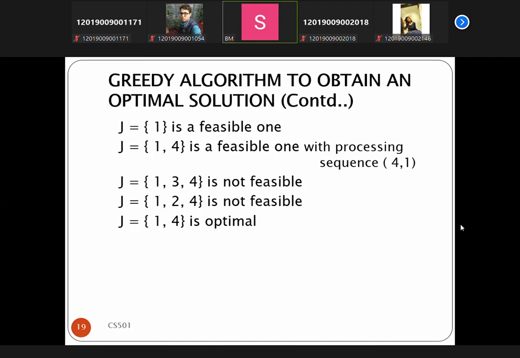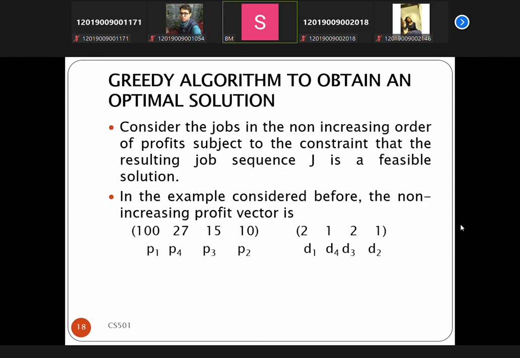If I take only job 1, which takes 2 units, I will get 100 as my result. But you can see the other 3 jobs cannot be accommodated.